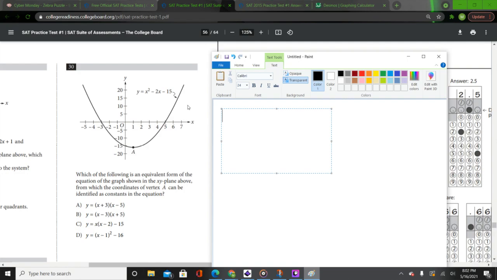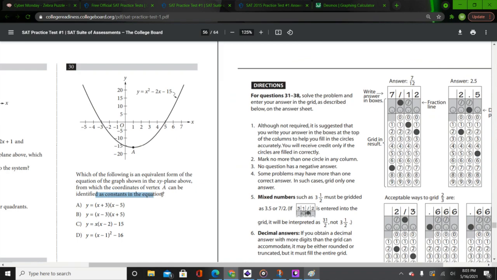Like everything, with the exception of B, is a possible solution. So it's looking for which is the most appropriate one. But A is probably something that's going to get a lot of heads turned, because it is correct. Technically, it is a solution, but it's looking for a solution where the vertex A can be identified as constants in the equation. And that's the key, that's the kicker. So that's the only choice, choice D. And you can also graph all of these if you want to. But yeah.